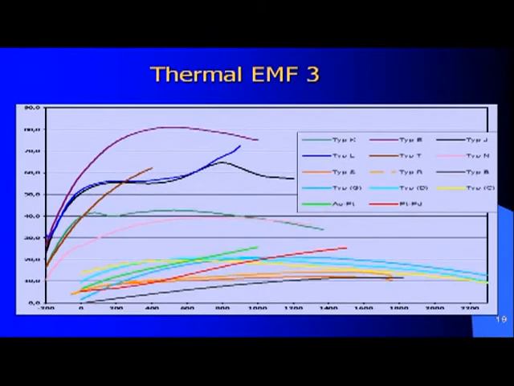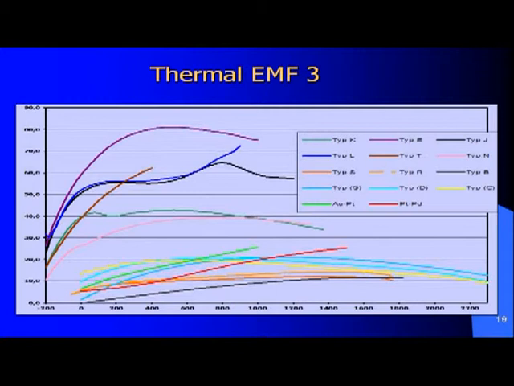Okay? So if you make a graph from the Seebeck coefficient over the temperature, then you probably will notice that there are 4 groups. The upper 5 lines, or even the upper 6 lines, are the non-noble metal thermocouples.